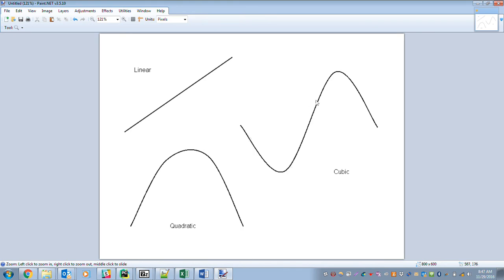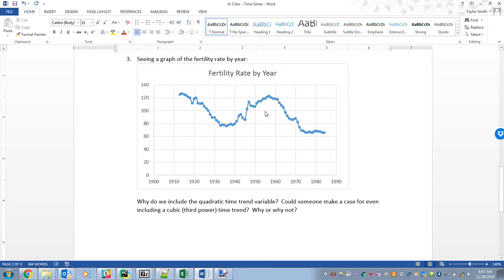And so in this case, we have this one minimum and one maximum, and so we get this shape that's very, very similar to what we're actually seeing here. So a cubic time trend would make a lot more sense to include here than even a linear and a quadratic.